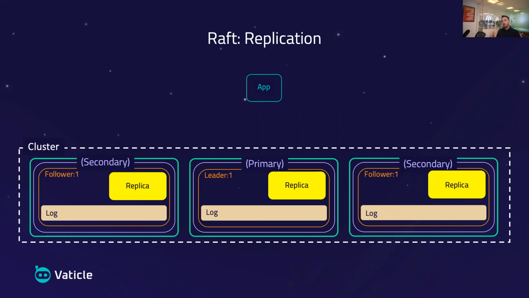The replication log works similar to accounting. I don't know how many of you are familiar with accounting. I'm not really familiar, to be honest, but I know that they have this ledger, and the ledger basically keeps track of the changes to the balance, right?